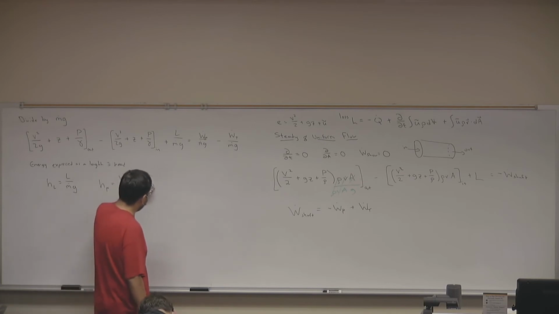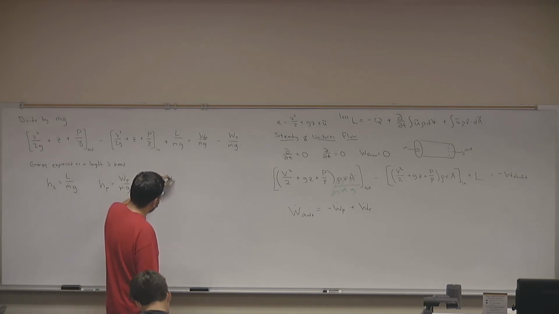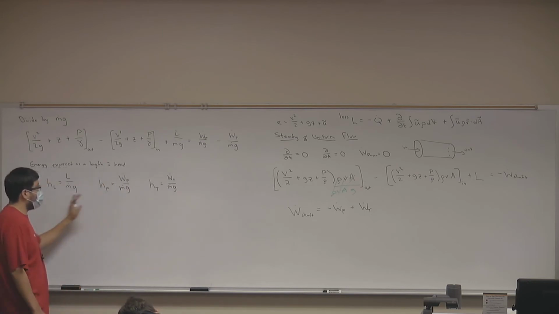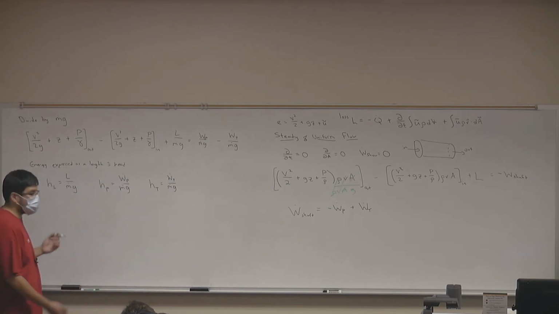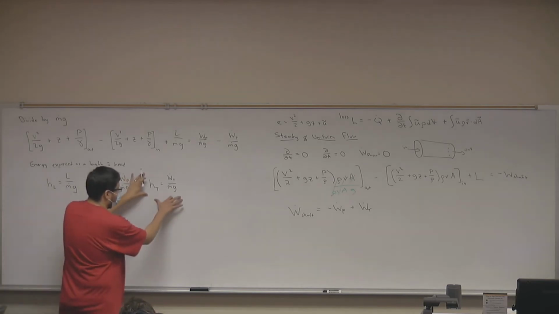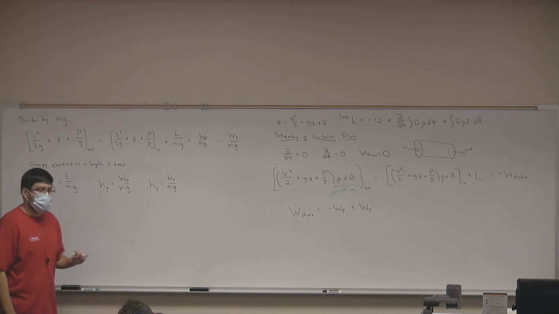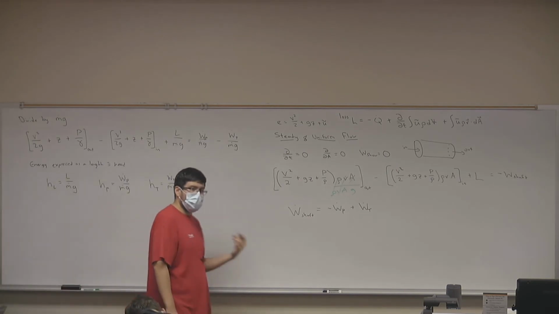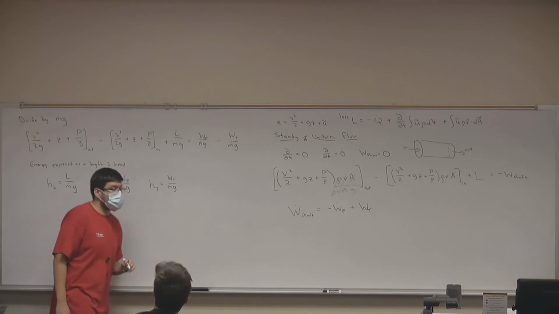And then we have a turbine head, equal to turbine power divided by mass flux times gravity. These are my head terms, which is simply energy expressed as a length. These two terms will be important for us, and we will use them in coming lessons when we look at pumps and turbines, at the end of the semester.